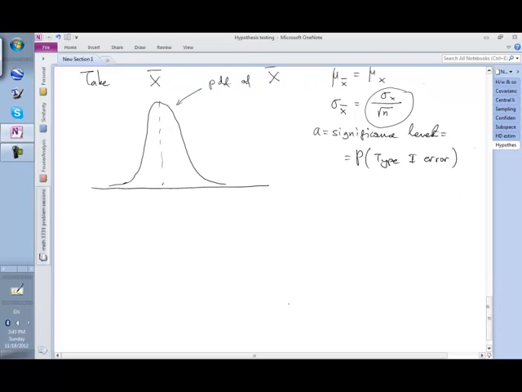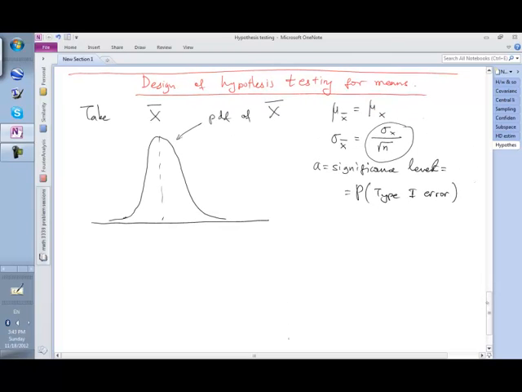As we mentioned, when you construct a problem, you assume that the random variable x has mean equal to mu sub 0, so that should be equal to the mean of x bar. You assume that.